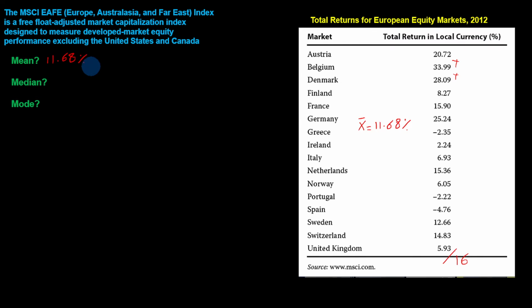Now, with the mean, you should not expect any of your returns in your data to exactly match the mean, right? So the mean could be a totally different return. Now, the other thing that you can verify if you count it exactly, out of the 16 observations, exactly 8 of them lie above the mean, 8 of them lie below the mean.